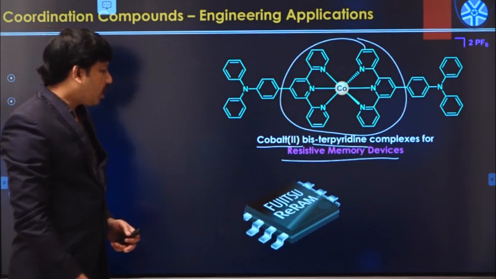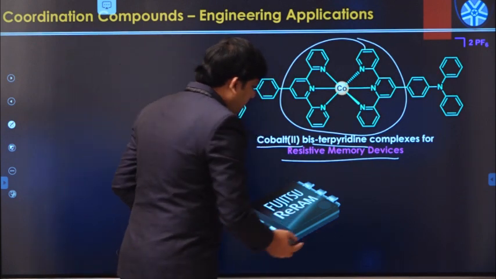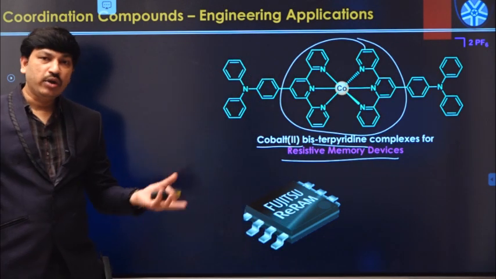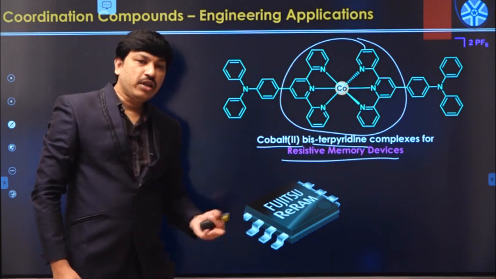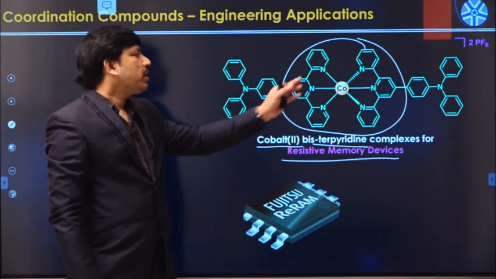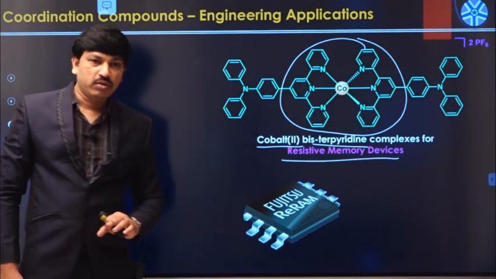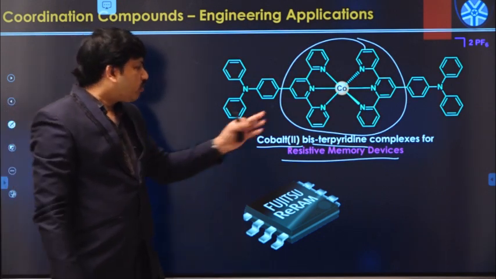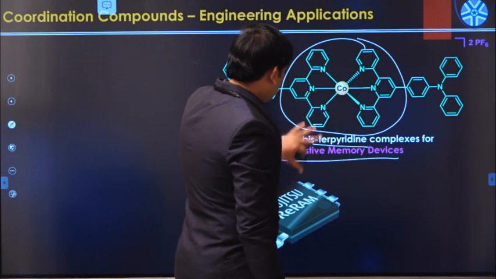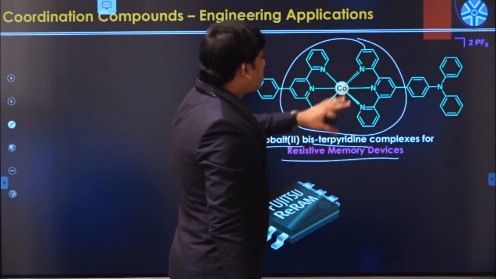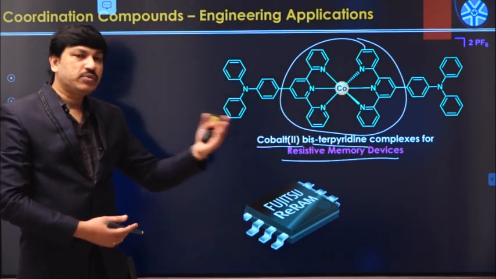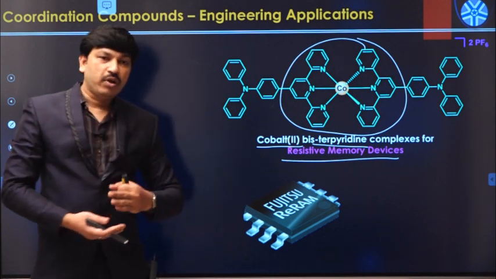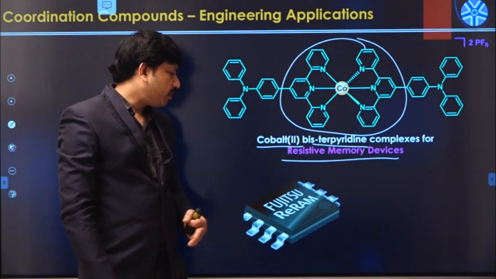A ReRAM device is a storage system, but it can store energy by using charged metal atoms only. Normally memory systems depend on electrons, but this system uses charged metal ions in order to store the energy and to transfer the memory from the main memory to the random access memory.